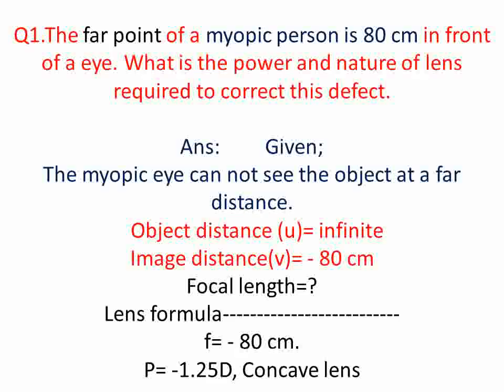If the focal length is in centimeters, the formula is P equal to 100 upon f, that is 100 upon 80, which comes to minus 1.25 diopter. The minus sign is significant for a concave lens. The focal length of a concave lens is always negative, so this negative sign indicates a concave lens.